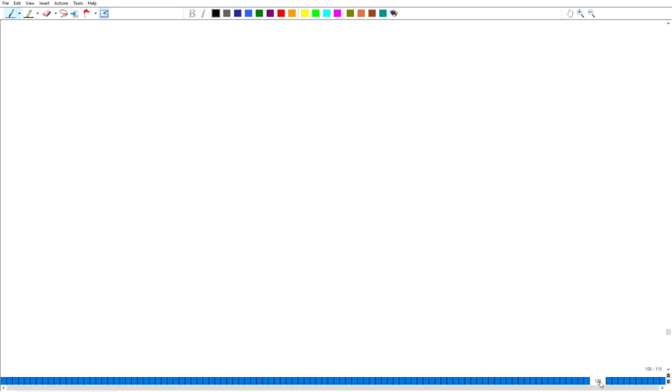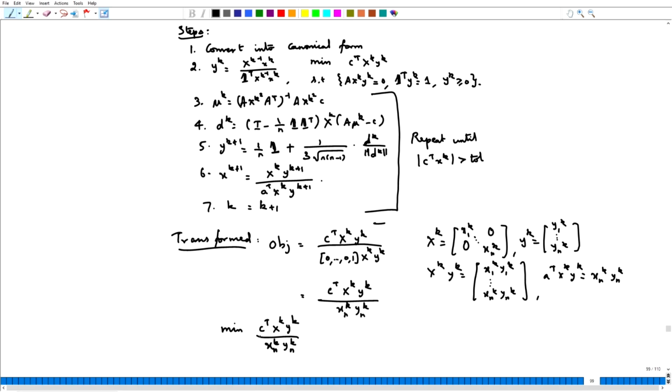So, C transpose is actually C 1 dot dot dot C n minus 1 and finally a minus V star. The minus V star corresponds to the optimal value of the standard form.